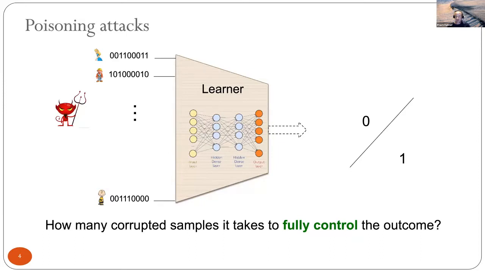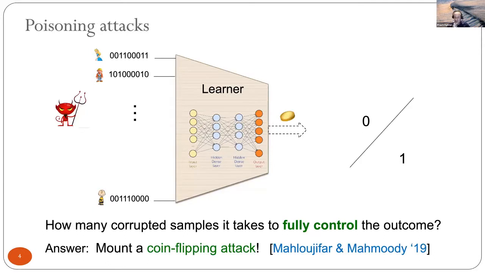It's just a coin flipping algorithm. And indeed, this is what Mahloujifar, Mahmoody, and others did. They used a coin flipping attack, particularly the one by Kalai et al., which they're going to mention soon, to mount a poisoning attack on a machine learning algorithm.